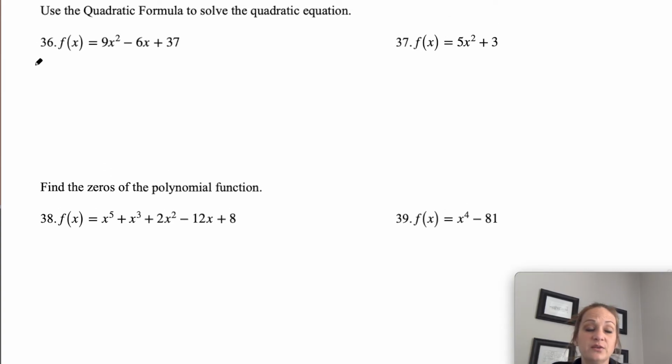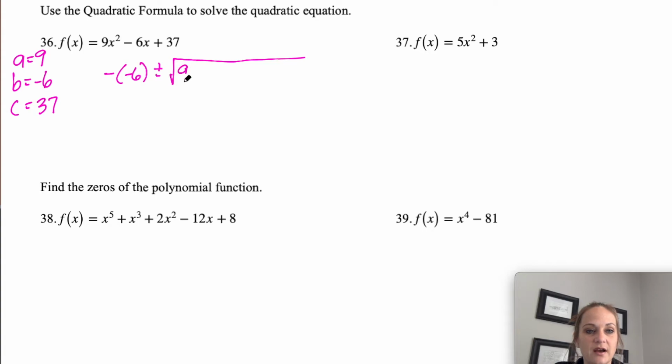Quadratic formula, so you will have a is 9, b is -6, c is 37. So I'll get negative b plus or minus the square root of b squared minus 4ac all over 2a.